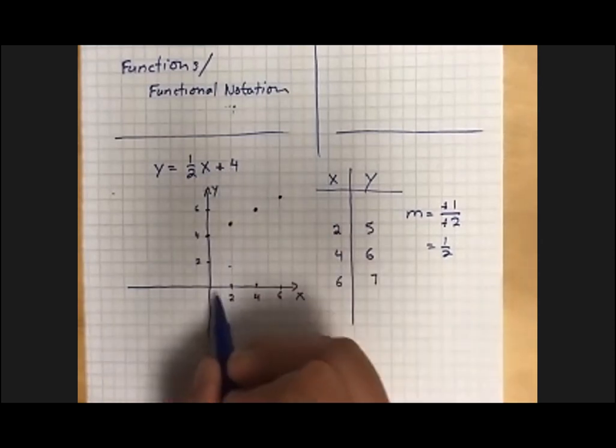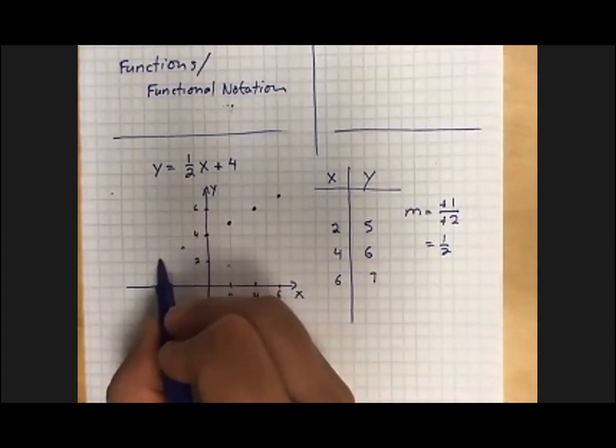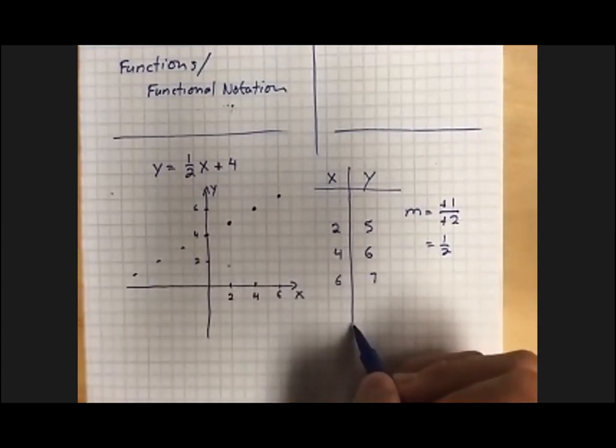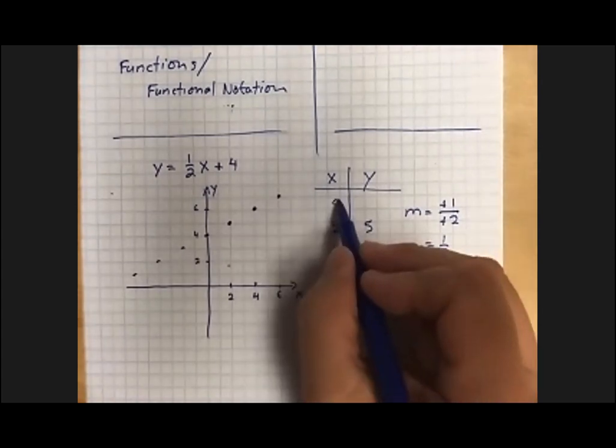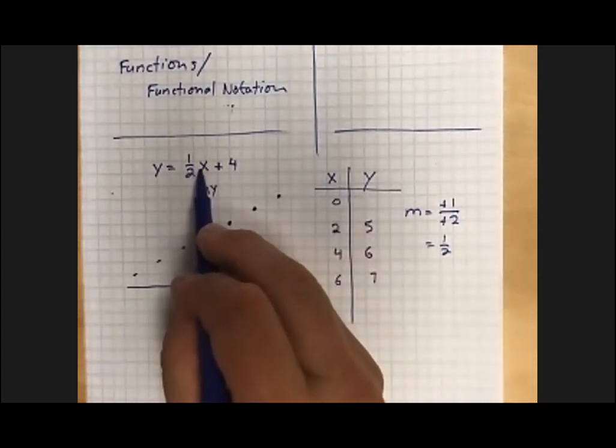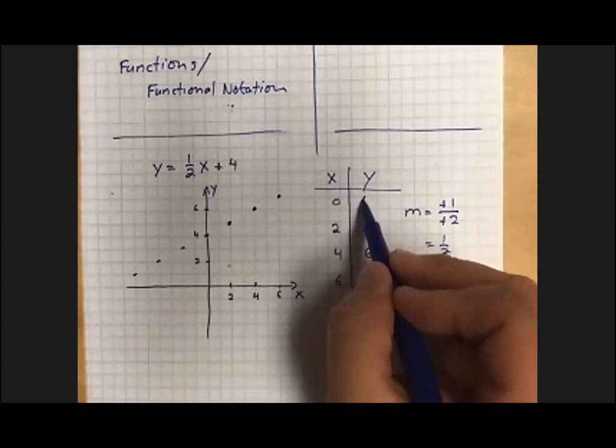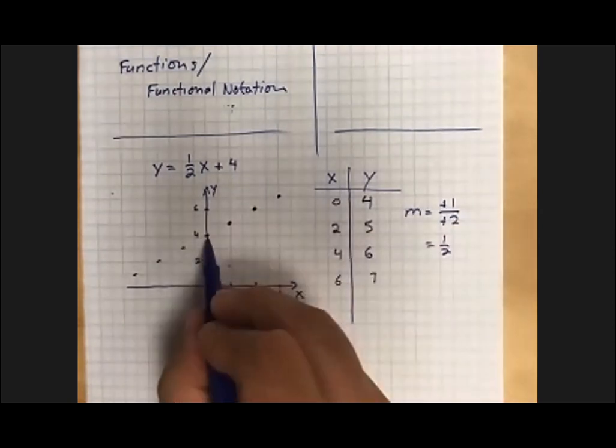But following that pattern, back, back, back, back, that's like making more points in the table. Plug in 0 for x. Get 1/2 of 0 plus 4 is 4. But I didn't need to calculate that. I saw it right there.